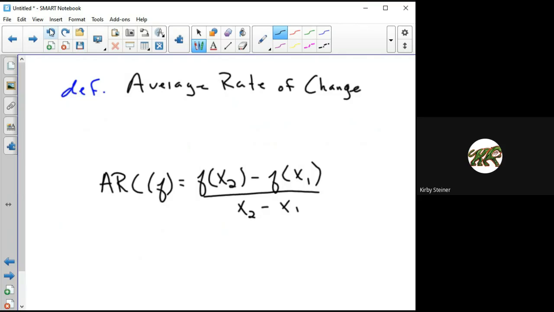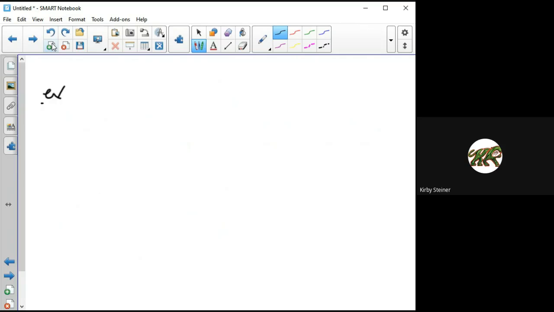Let's look at a couple of examples. So let's look at the average rate of change. Let's look at f of x equals x to the fourth, and we're looking for the average rate of change.